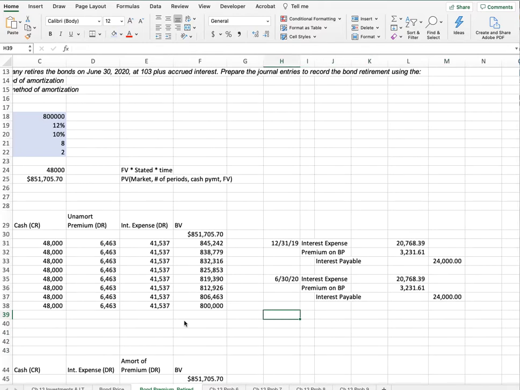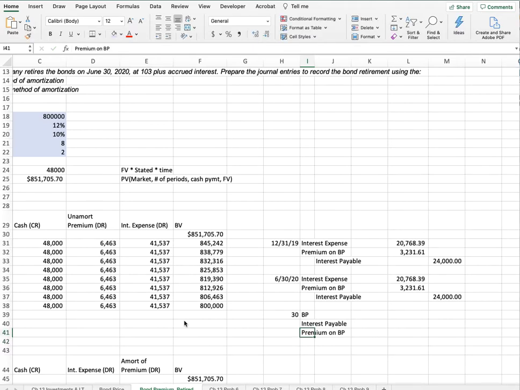And then on the 30th, we also need to deal with actually eliminating that bond payable. So we have our bond payable. We're also going to have our interest payable and the premium on the bond payable.